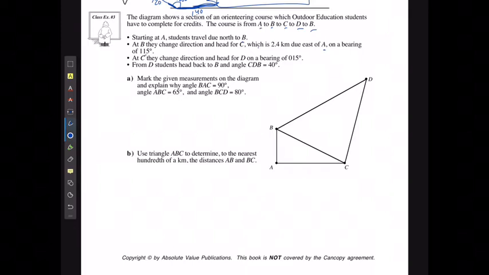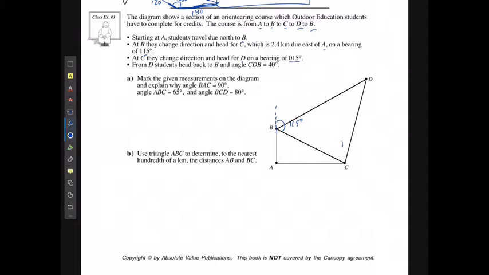115 degrees. So I'm going to stretch out this line and say that this angle going all the way to here is going to be 115 degrees. At C, they change direction and head to D on a bearing of 15 degrees.